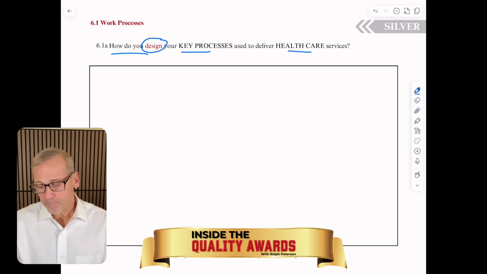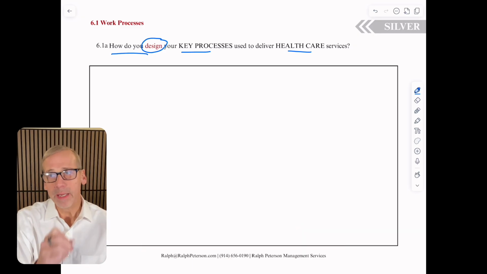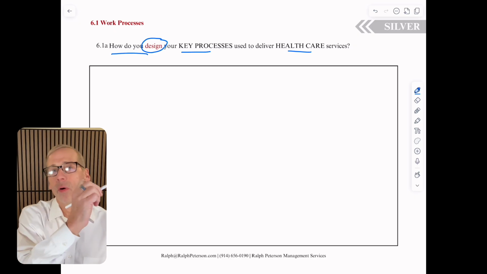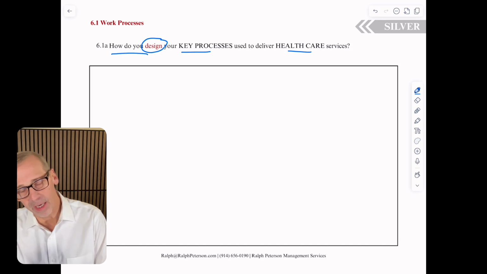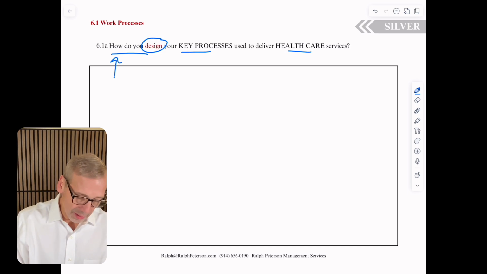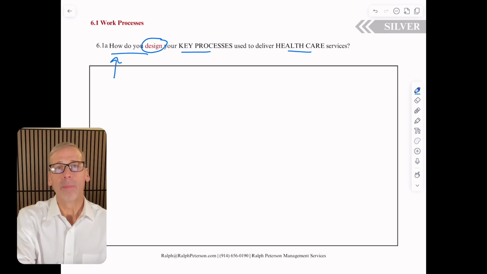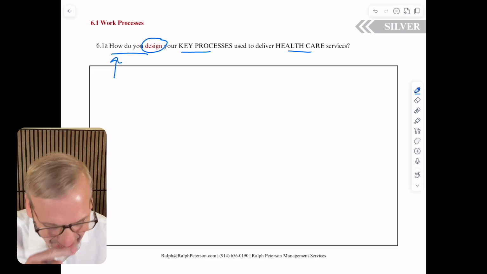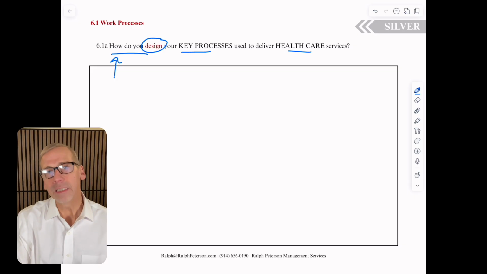However, now, again, I'm thinking that most of you are coming here from the bronze. You've already completed the bronze application. This is your first look at the silver application. And I want to draw your attention to the word how. If you remember from previous videos of mine, or maybe you've worked with me in the past, keep in mind there are only 3 types of questions in the quality award application.